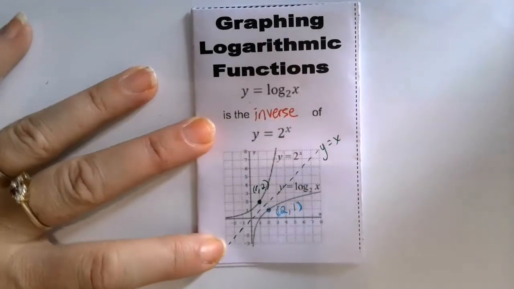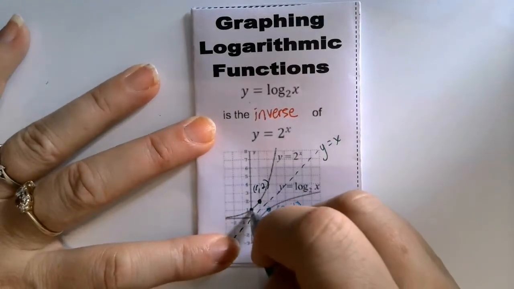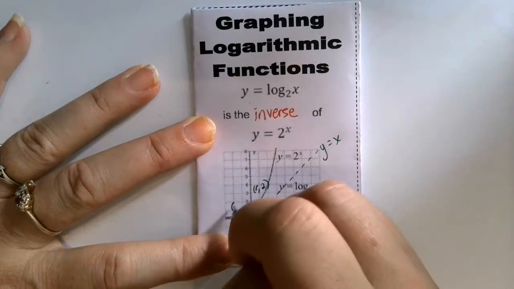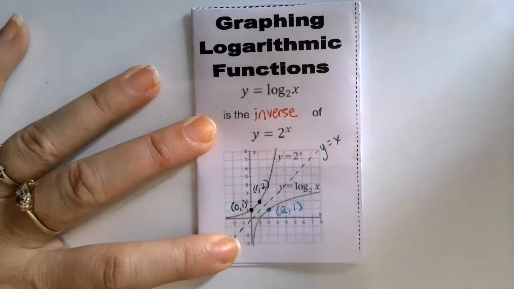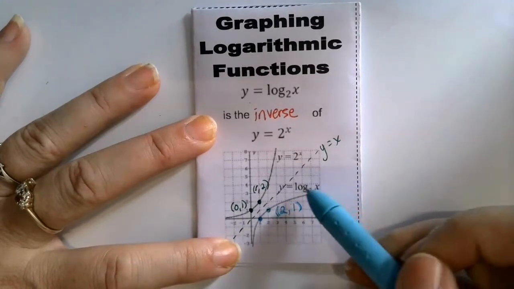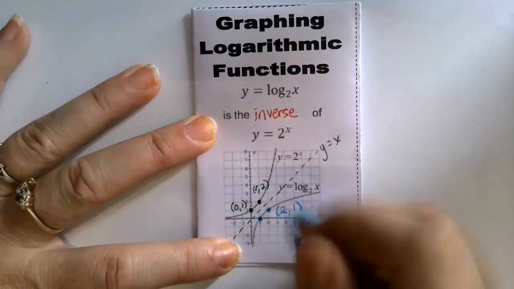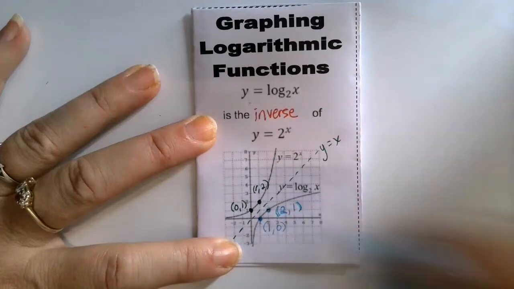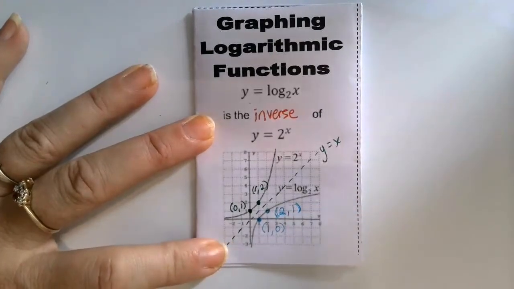Similarly, the exponential function y equals 2 to the x has a y-intercept of 0, 1, so the corresponding point on log base 2 of x, since they're inverses, switches the x and y, and we have the point 1, 0.